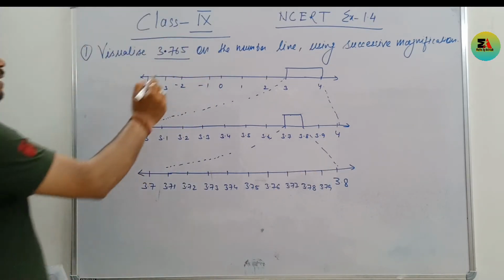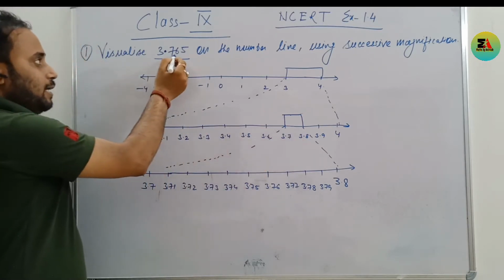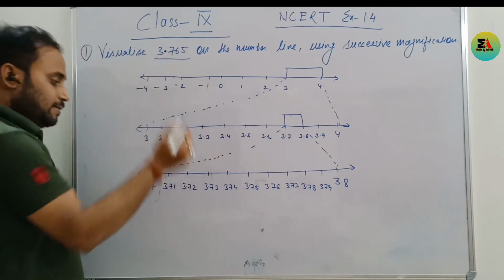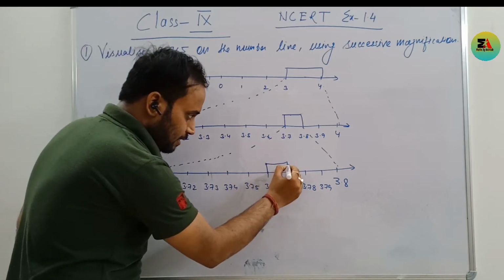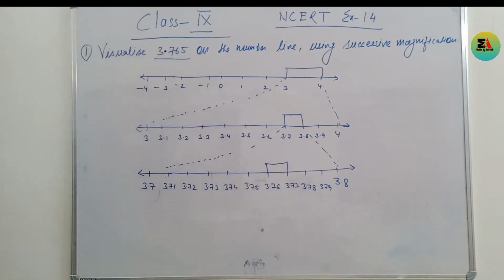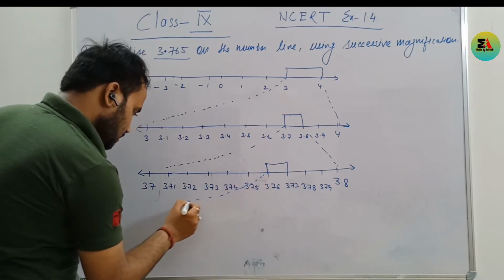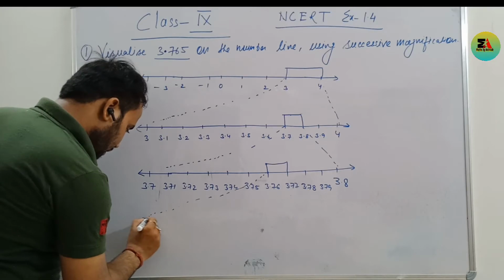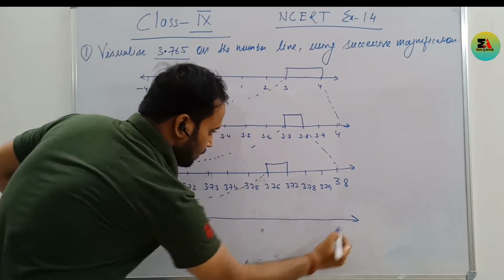Now see, we get 3.7 and next we have to find 3.76. See, 3.765 lies between 3.76 and 3.77. Again we have to visualize or magnify it, plotting again on the number line.